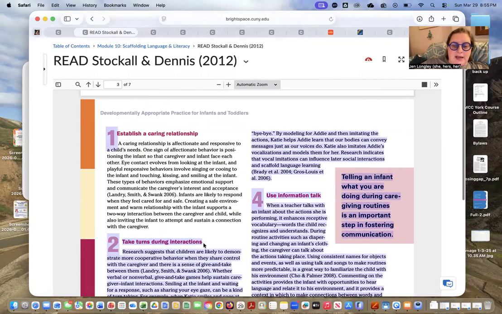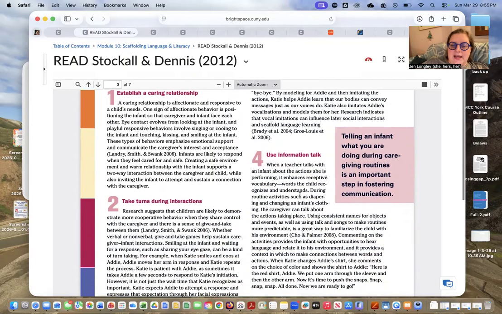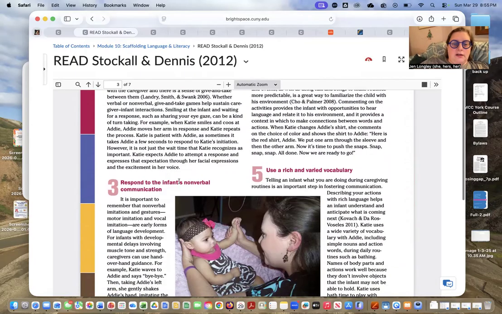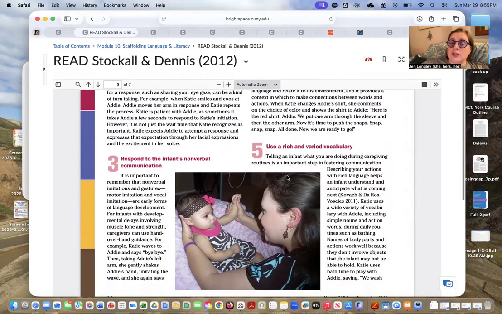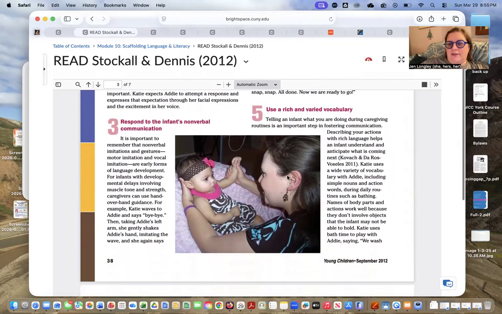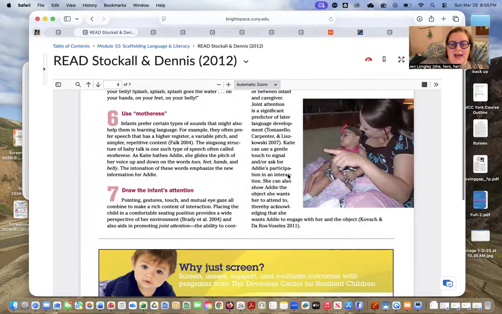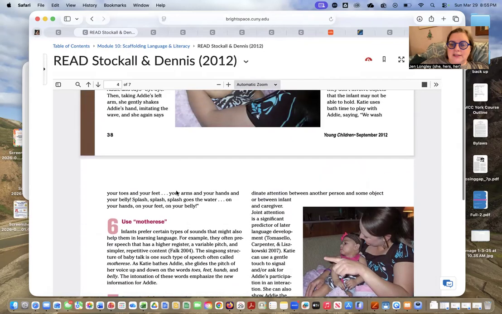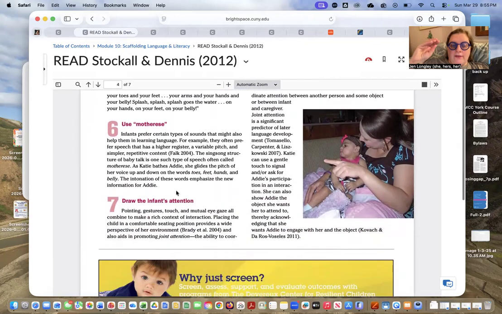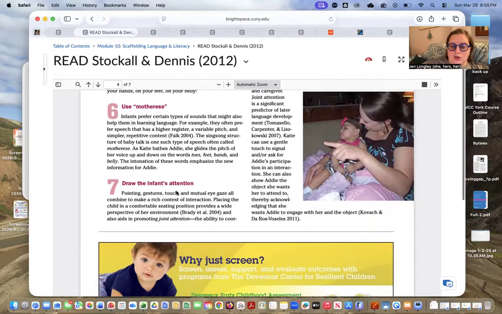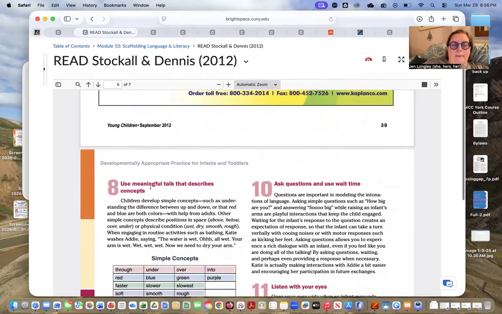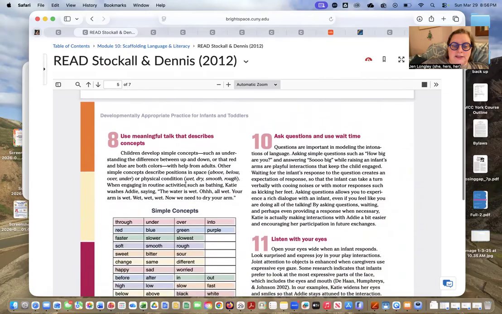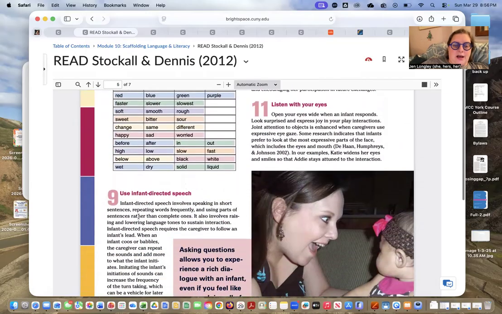Turn taking is a scaffold, informational talk, responding to nonverbal communication, using rich and varied vocabulary. Motherese or parentese is something we do with infants. Drawing a child's attention, having joint attention and social referencing, using meaningful talk to describe concepts.